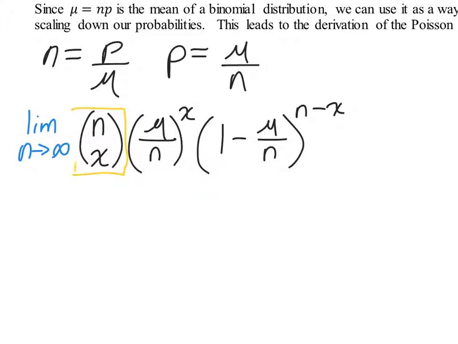This guy here is the same as saying n factorial over n minus x factorial times x factorial. So that's right out of your notes.